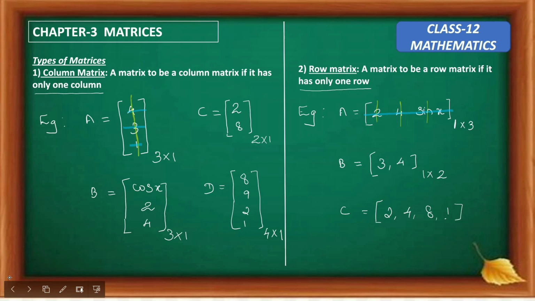In here the number of rows is only 1. You can see only one horizontal line. Then the number of columns is 1, 2, 3, 4. This is also one example of a row matrix. Then in a column matrix we can see only one column. In a row matrix you can see only one row.